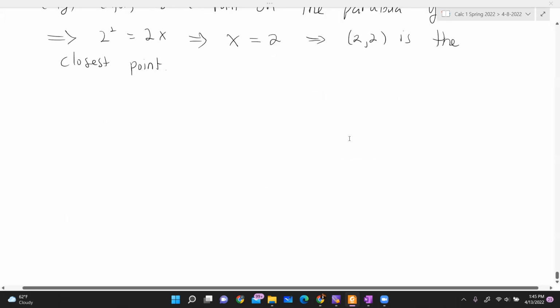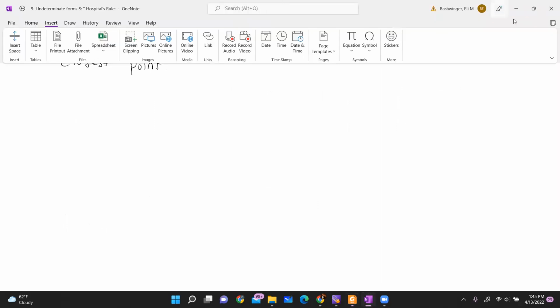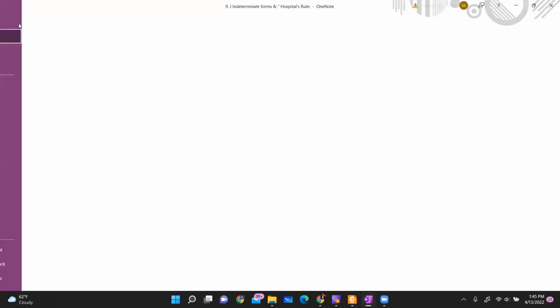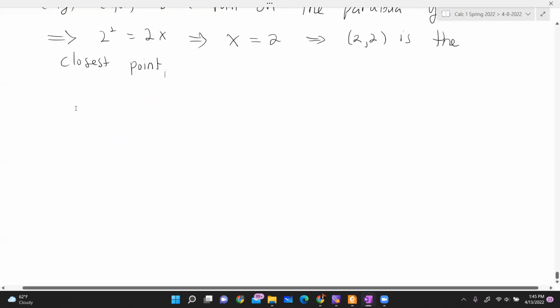This is example 5. Let me write down example 5, and then I'll copy the figure over.